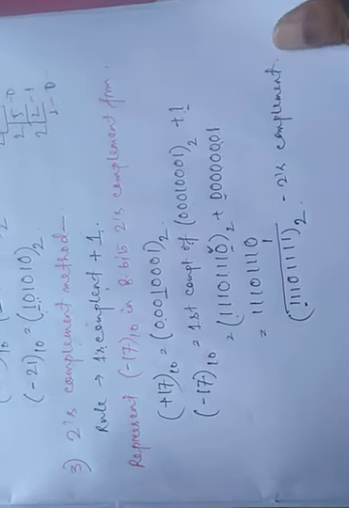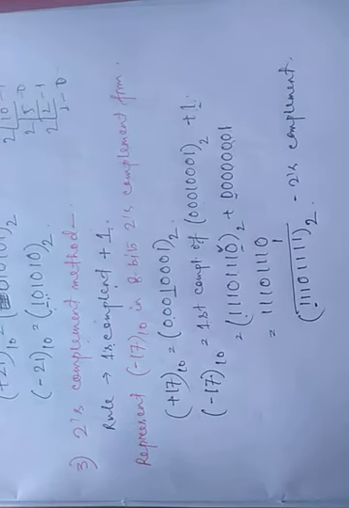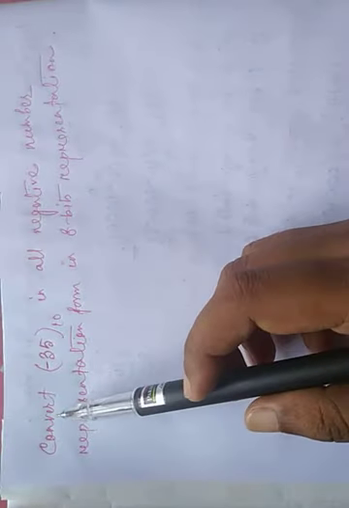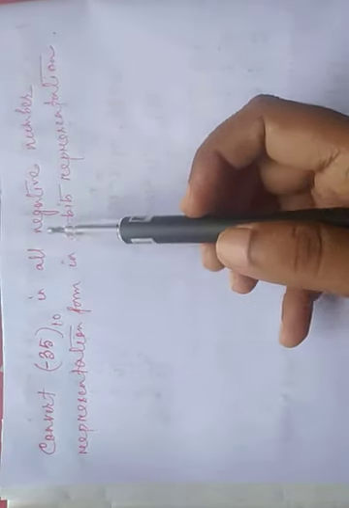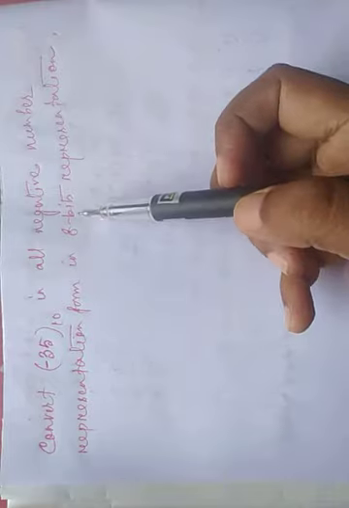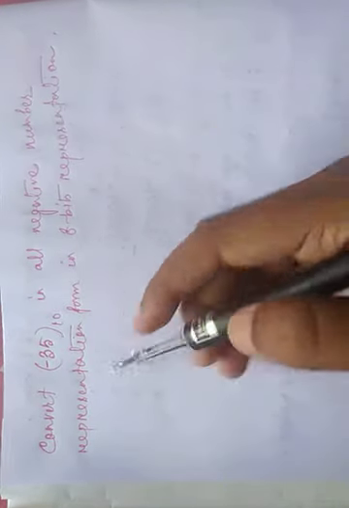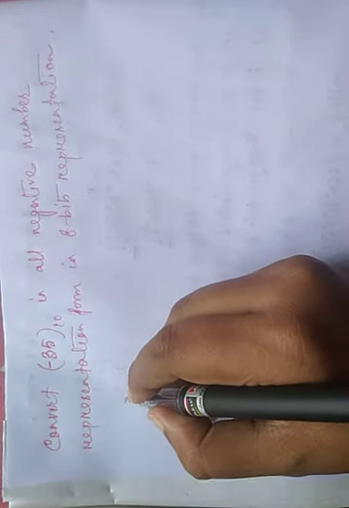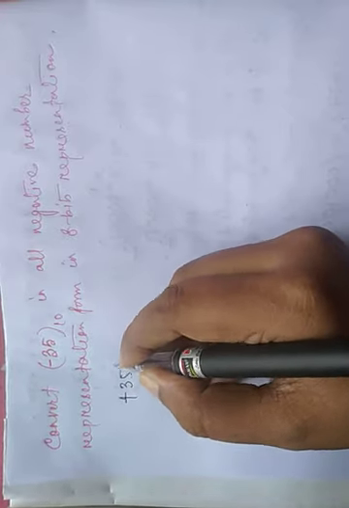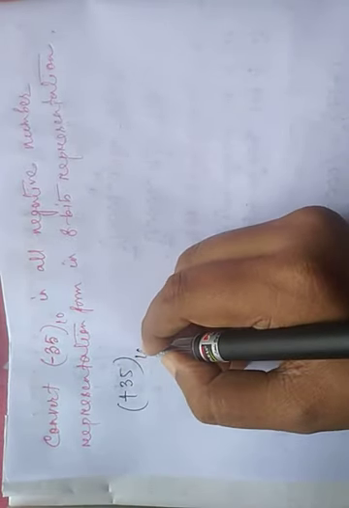Now let us do one sum using all 3 representation forms. Convert minus 35 (base 10) into all negative number representation forms in 8-bit representation. At first we have to find plus 35, always in 8-bit form.